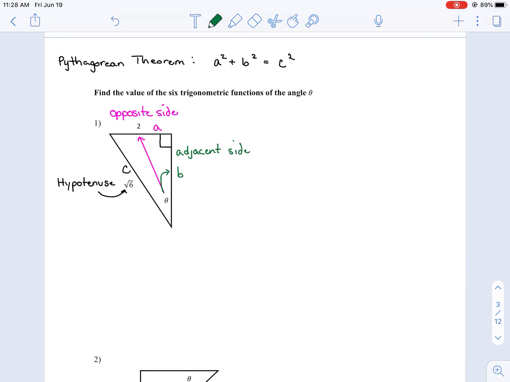And before we can find the value of the 6 trig functions, we're going to have to figure out what the value of b is, and we can do that by applying the Pythagorean theorem. So we have 2 squared plus b squared is equal to the square root of 6 squared.